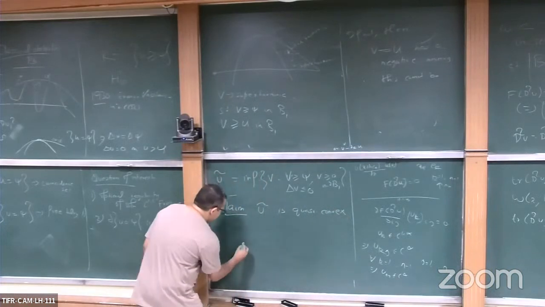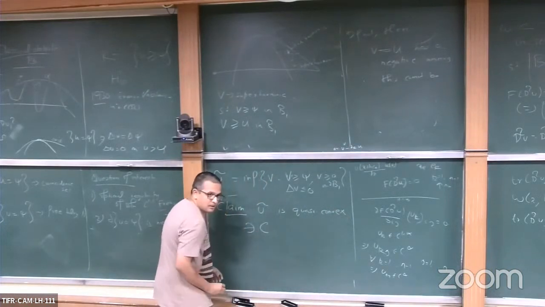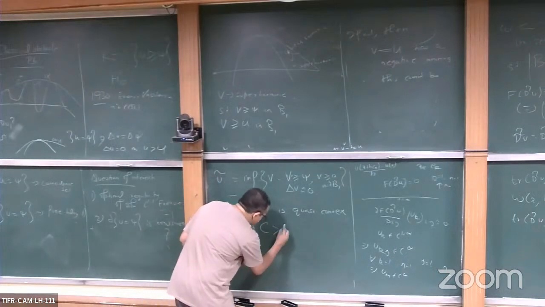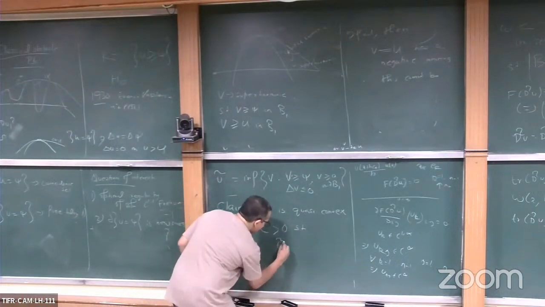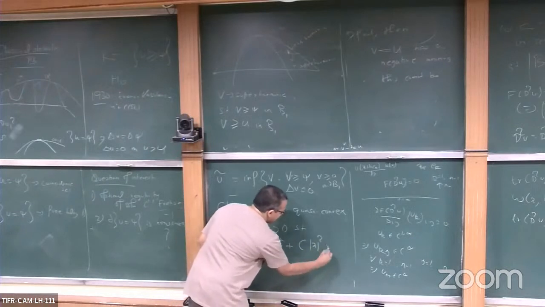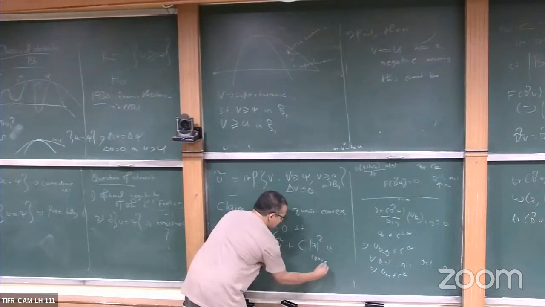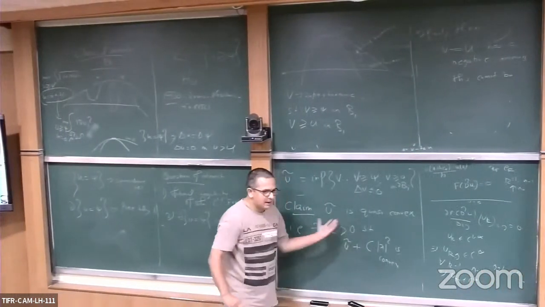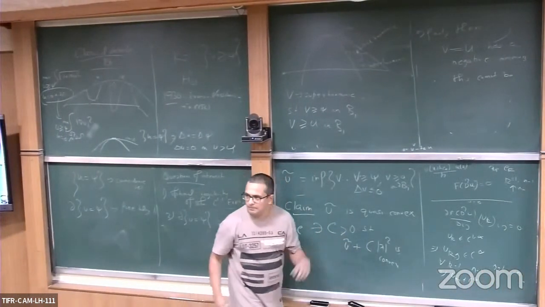Which is to say that there is this C bigger than 0, such that U tilde plus C|x|^2 is convex. Or differently, you want to say that the pure second derivatives are bounded from below.